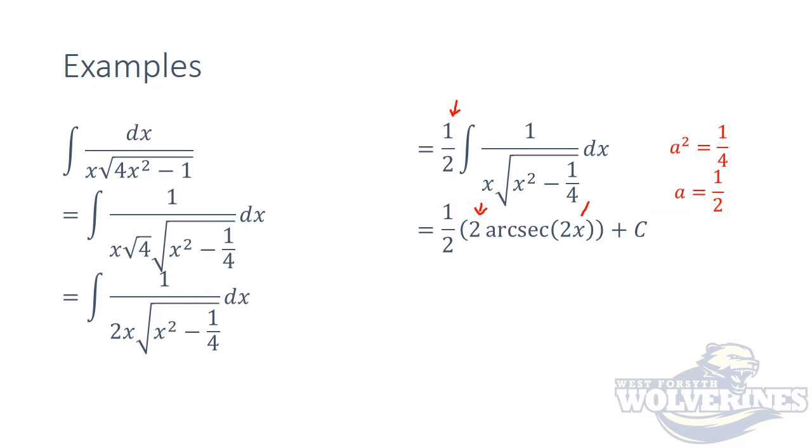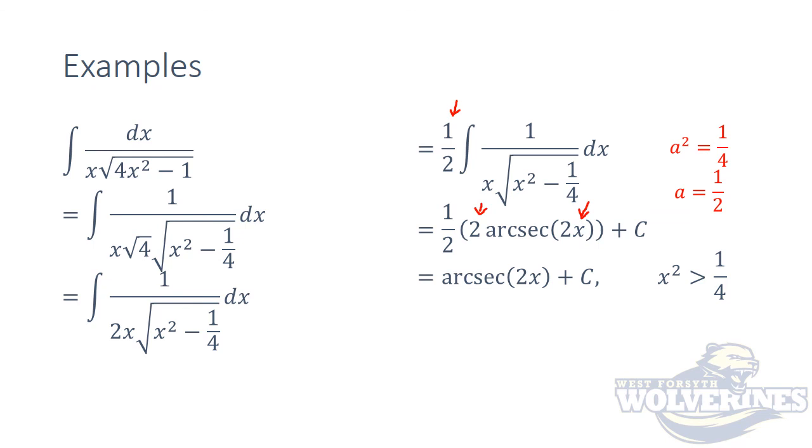X over 1/2 is going to be 2x. Okay. And then in the front we have 1/2 times 2. That cancels out. So from all that complicated mess, we get something really simple, because calculus. So we get arcsecant of 2x plus c.